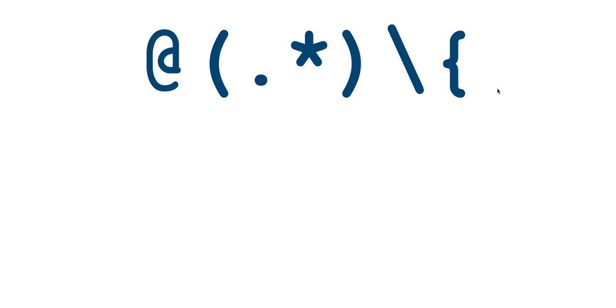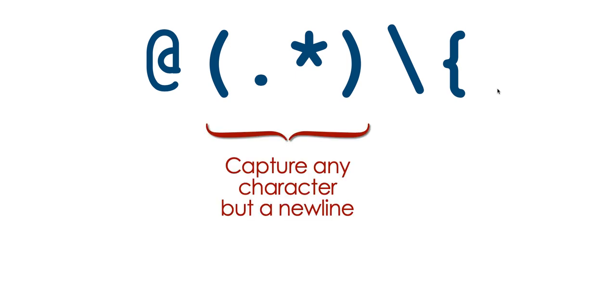So this is a set of characters that we're going to need that will look for the entry type in our bibliography.bib file. So the most important part is this parentheses over here, which tells the regular expression function search to capture and group any characters but a new line, and the dot symbol tells the regular expression to capture any character but a new line, and then the star symbol tells the regular expression to do that for 0 or more times.